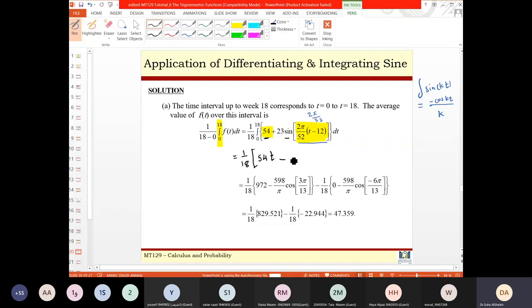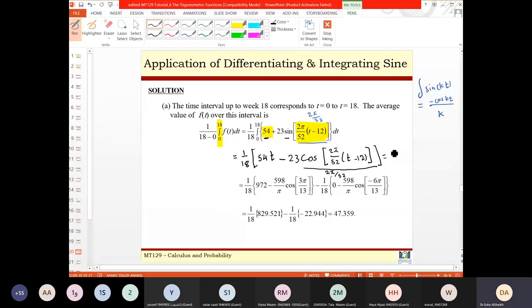So it is minus 23, and here we have cosine of 2 pi over 52 times (t minus 12). But I have to divide by the derivative of what is inside the cosine, which is 2 pi over 52. The denominator goes up, so this will be 52 over pi.